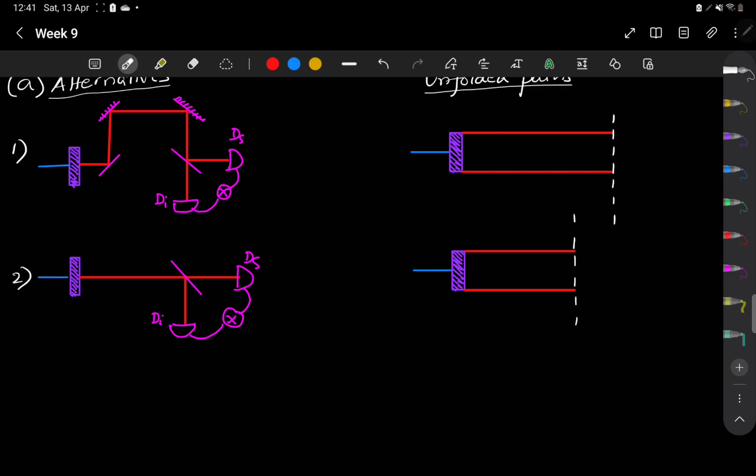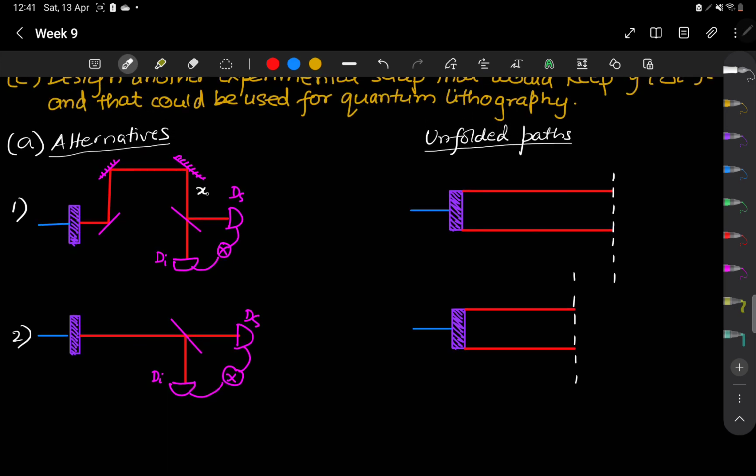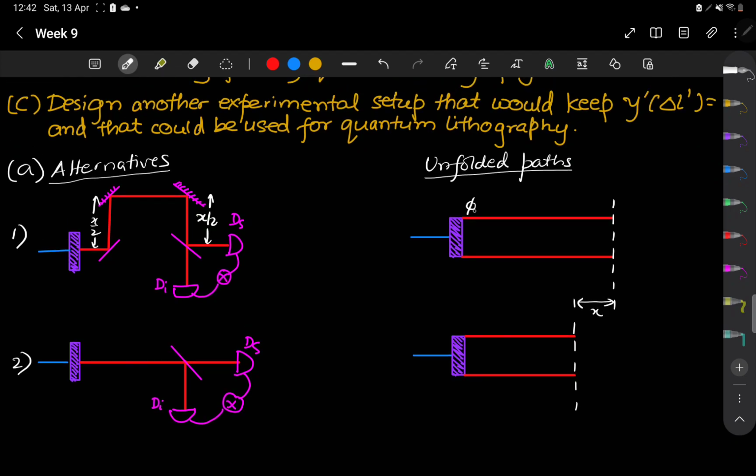Now in the first alternative, because of this delay x by 2 here and here, the extra path is x by 2 plus x by 2, that is x. And let us look at the phases. So to go into ds, the signal photon gets reflected at the beam splitter, so pi by 2, then mirror, which is pi, then another mirror, which is another pi, and then reflection at the beam splitter, that makes it pi by 2.